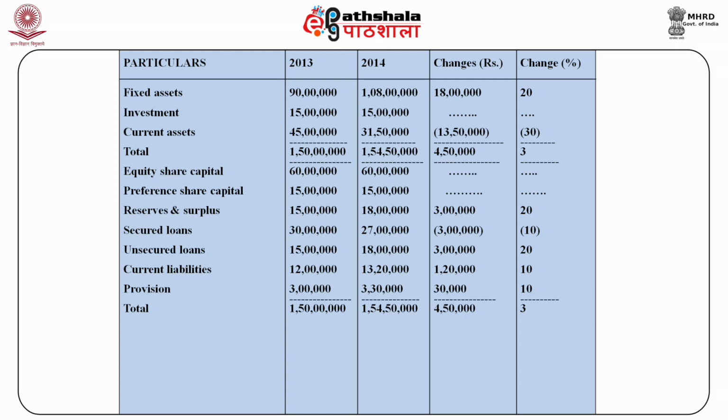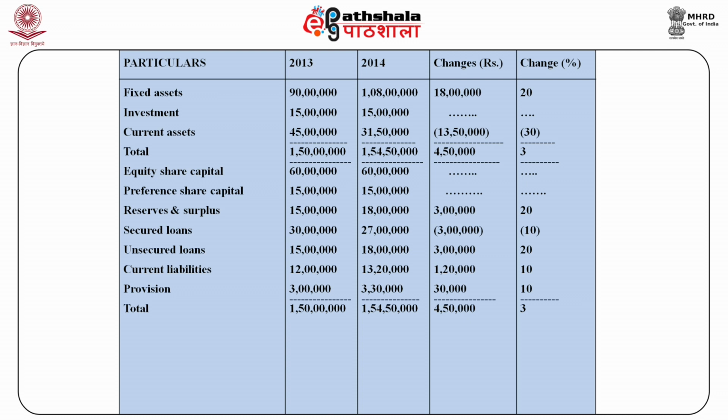Then we have equity share capital for the year 2013, namely 60 lakh and 60 lakh, that is no change for equity share capital. Then we have preference share capital for 2013, we have 15 lakh, and for 2014 we have 15 lakh.